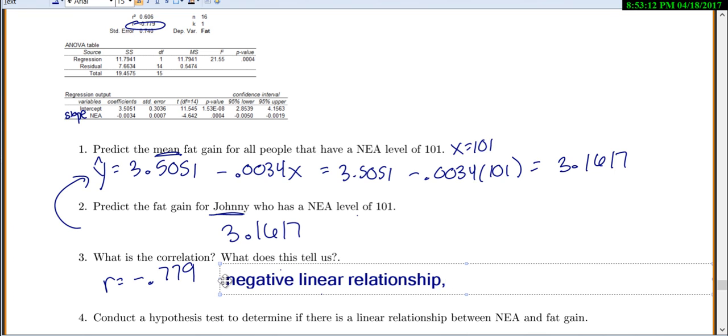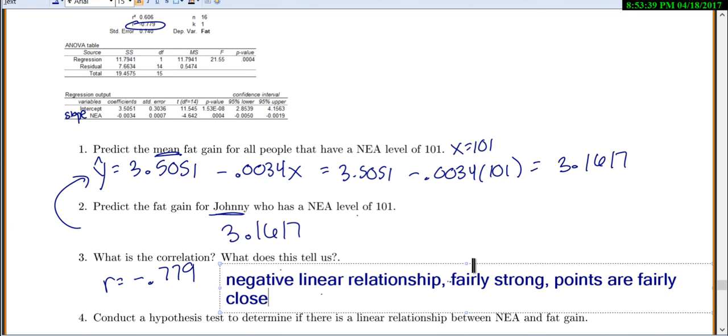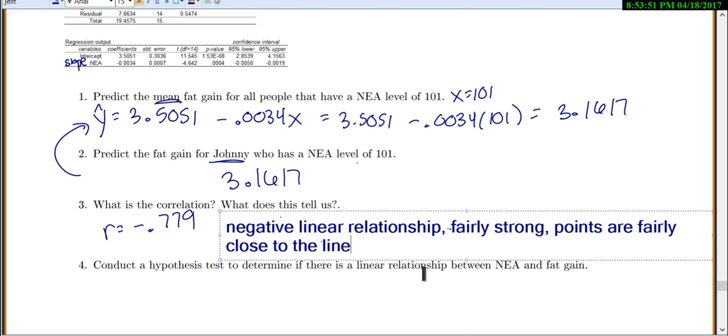And 0.779, that's fairly close to 1, so we say it's fairly strong. So the points are fairly close to the line. Remember, the closer it is to 1 or negative 1, the closer the points are to the line. The closer your correlation is to 0, that means the relationship would be very, very weak and they're far from the line.